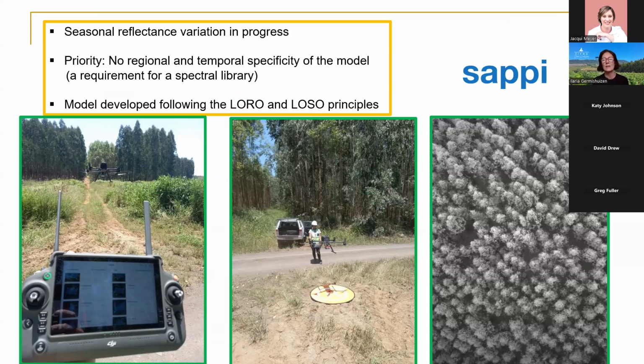So we need to have a general model. So the model is developed following the LORO and LOSO principle, which is leave one region out and leave one season out in terms of testing. So you develop leaving out one season and test on the season that was left out, or leave out one region and test on the region which was left out, which ensures the generalizability of the model.